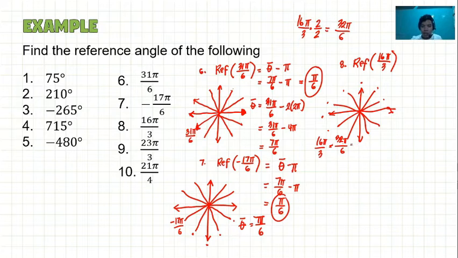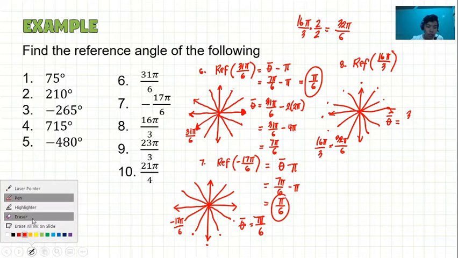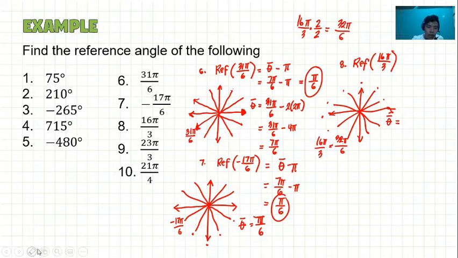So in that case, we need to solve for its coterminal angle, right? So theta bar will now be equal to, how many revolutions will we deduct? So 32 pi over 6 or 16 pi over 3 is more than 2 revolutions. So therefore, we will subtract 2 revolutions. So 16 pi over 3 minus 2 revolutions, so 2 times 2 pi.